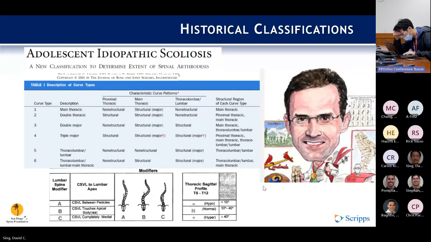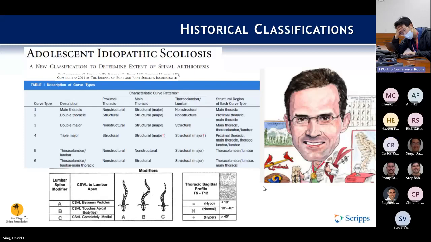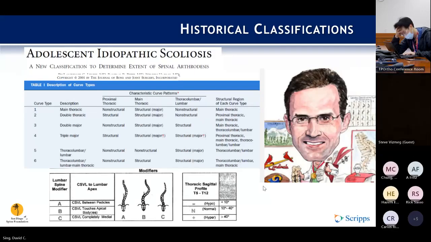It did have excellent interobserver reliability, a kappa value of 0.92, and for the sub-modifiers, they ranged from 0.89 to 0.97 amongst 7 reviewers. One criticism is that this classification ends up with 42 different types of curves when you consider all the modifiers.